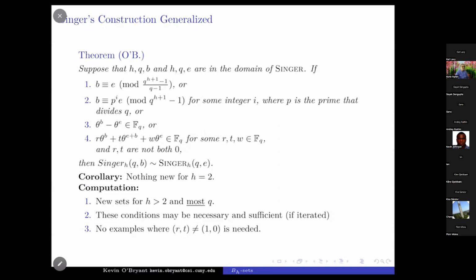So sometimes a B and E are equivalent because of some combination of these conditions. And this fourth condition here, annoyingly, I'm not aware of anywhere where you need R to be other than 1 and T to be other than 0. So I suspect that simplifies, but I don't know how.